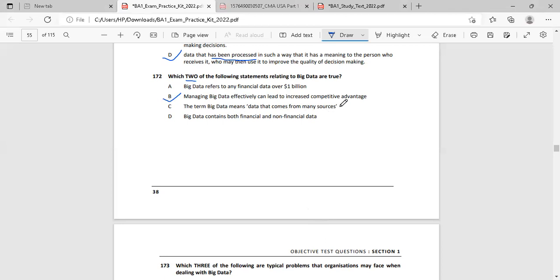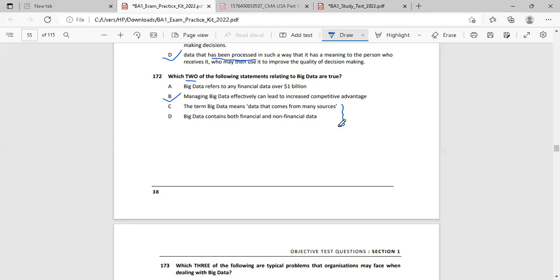Both of them are talking about different types of variety of data, from many sources and financial and non-financial data. Both of them have the same aspect. It has variety of data.